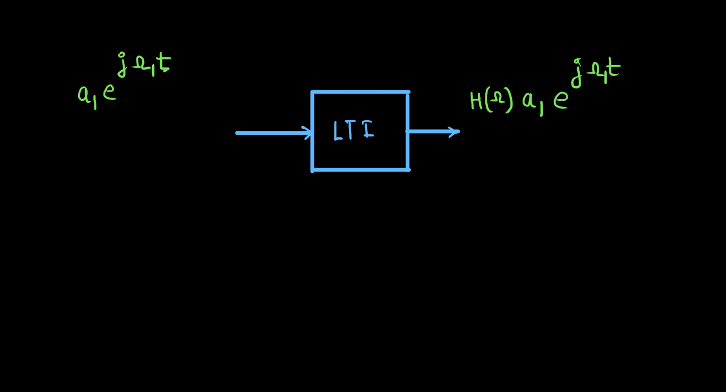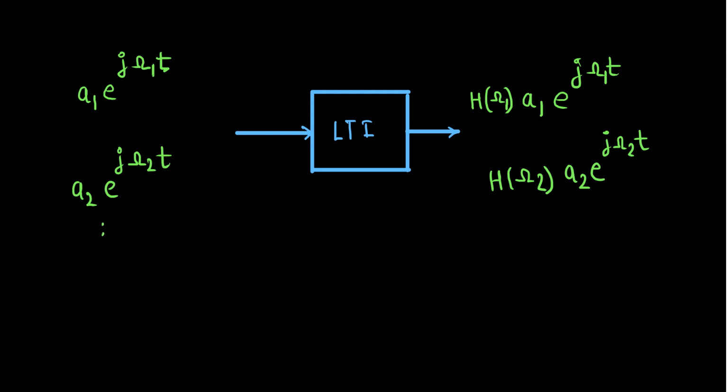And let's suppose we are giving another exponential, a2 e to the power j omega 2 t, for a different frequency. We should get the output as h of omega, now evaluated at omega 2, whereas the earlier one was evaluated at omega 1, times a2 e to the power j omega 2 t. And like such, we can give multiple such inputs, and accordingly we would get multiple such outputs.